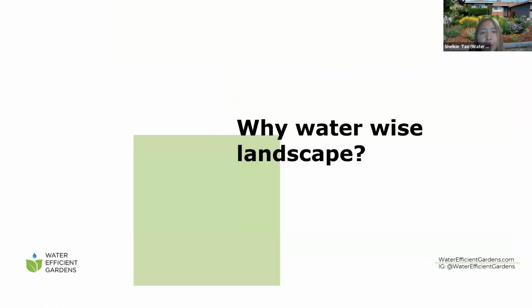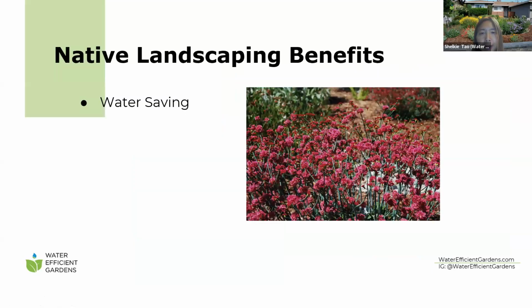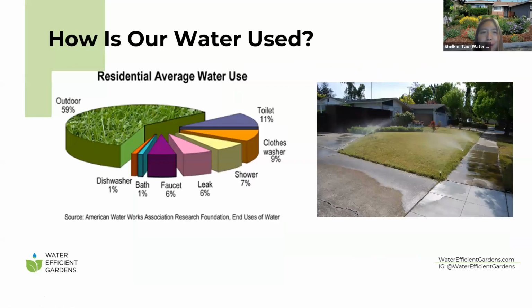So why do we want to do water-wise landscape? First and foremost, we can save a lot of water. In California, outdoor landscape watering accounts for half of the total water usage, half to 60%.